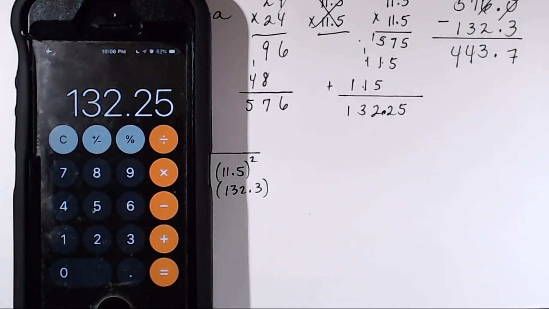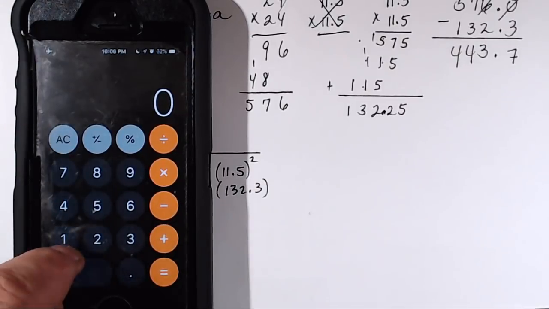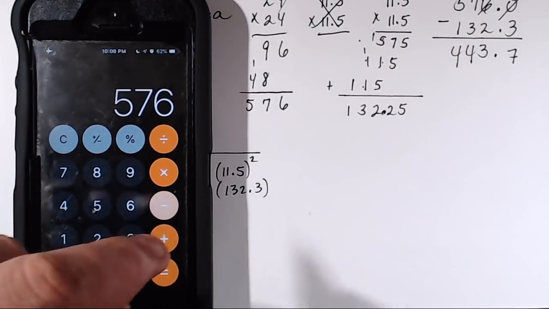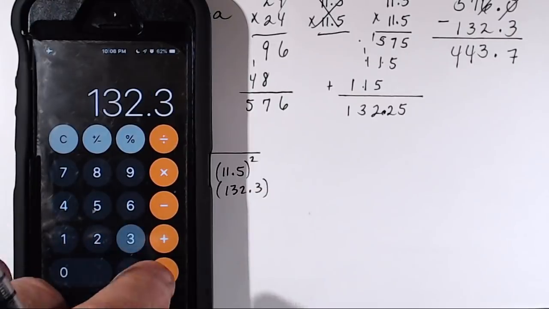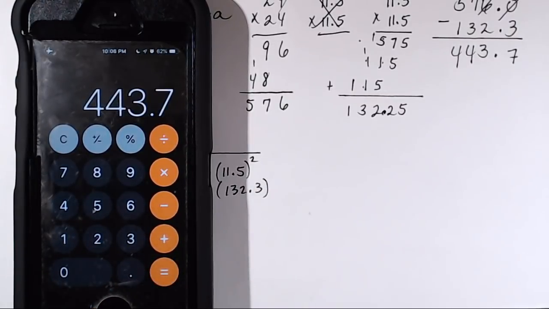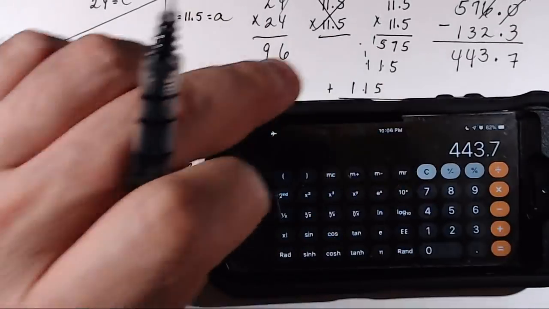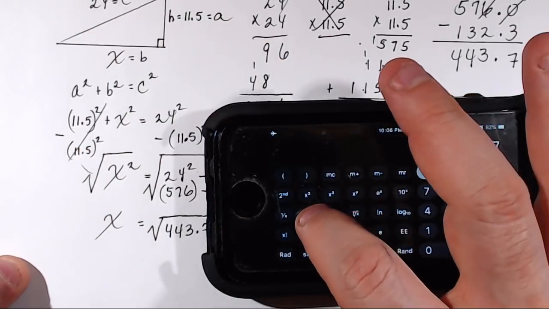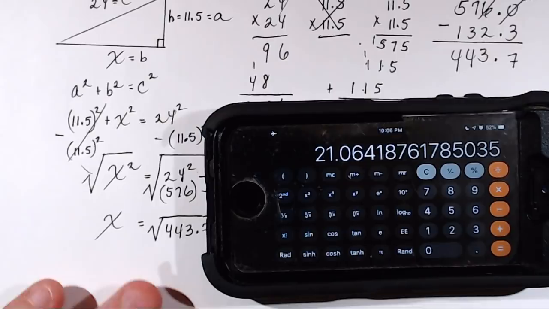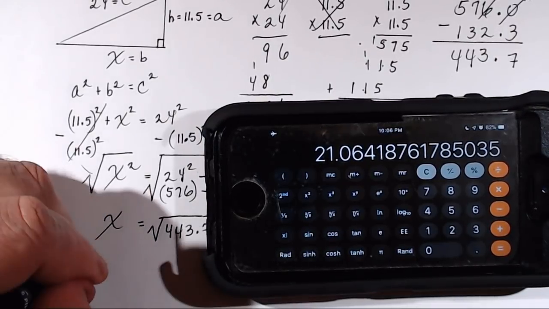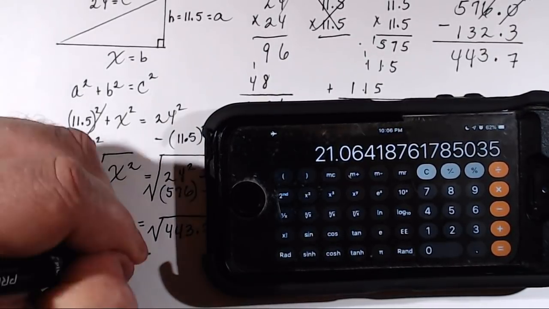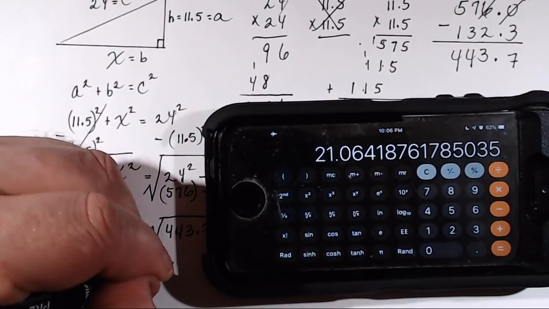We rounded up to 132.3. And then 576 minus 132.3 equals 443.7. Good, all of our math checks out. And now we just need to take the square root of that number and round it to the nearest tenths place. So we get x equals 21.1.